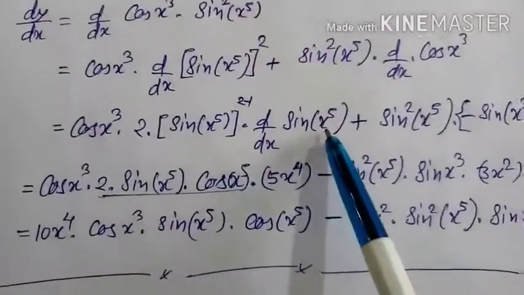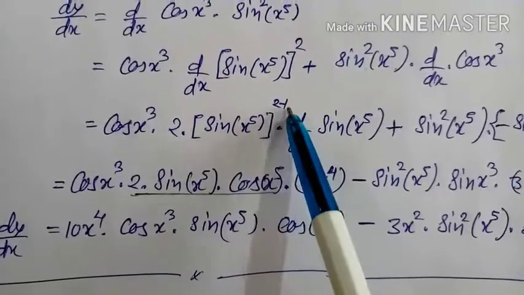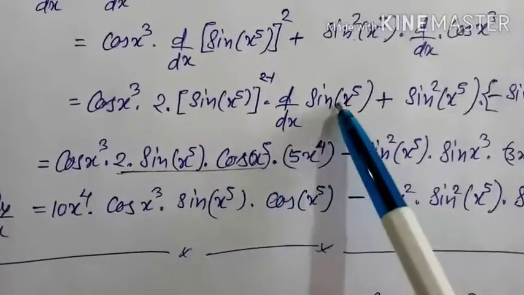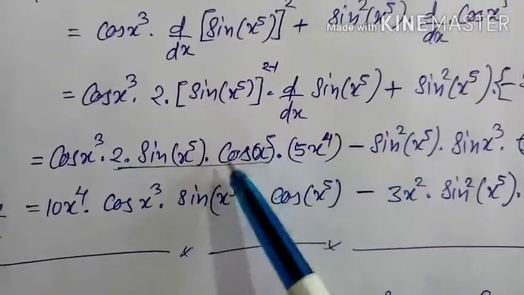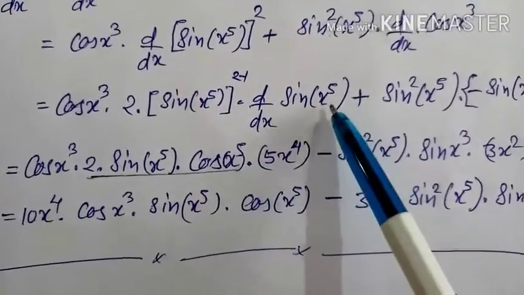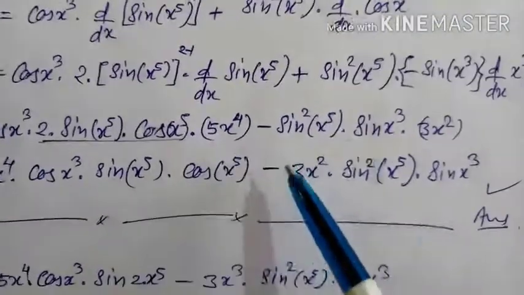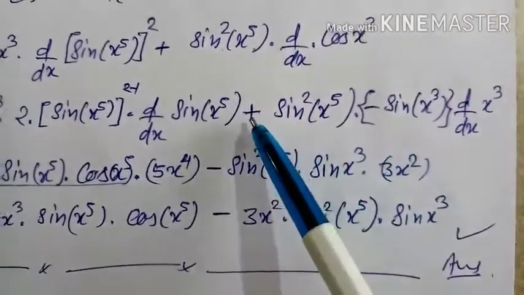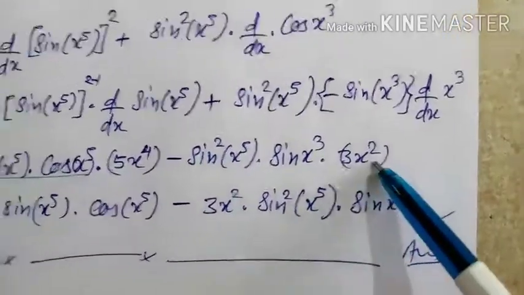Now in the next step, cos x cube as it is, 2 times sin to the power 2 minus 1, it means only 1 remaining, so 2 sin x to the power 5 into the differential of sin x to the power 5, which is cos x to the power 5, into by chain rule the differential of x to the power 5, which is 5 into x to the power 4, minus sin square x to the power 5 as it is, and sin x cube, and the differential of x cube, which is 3x square.